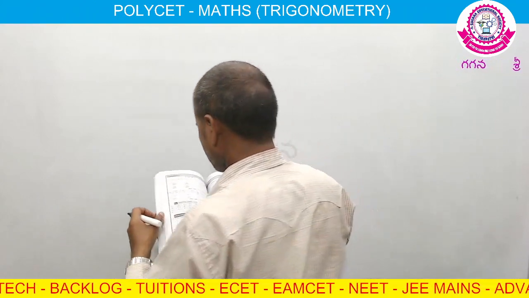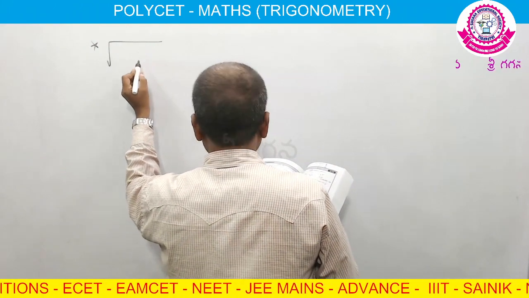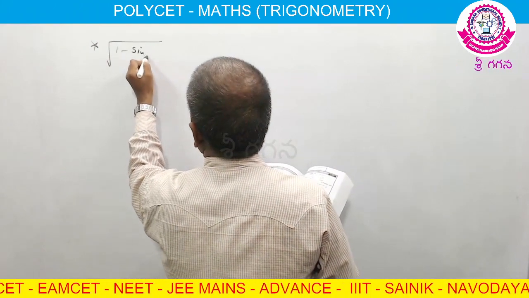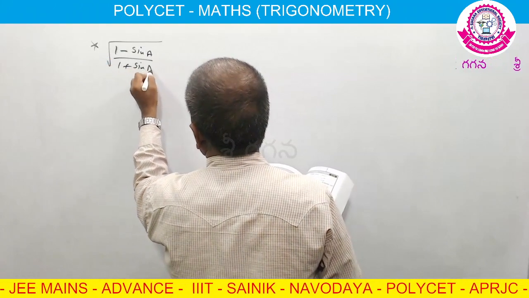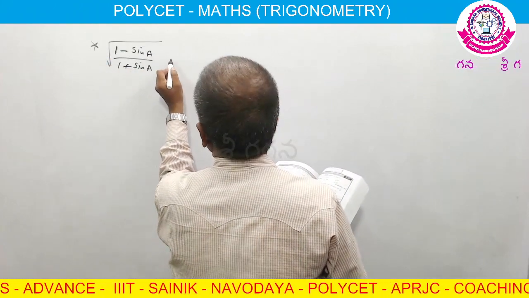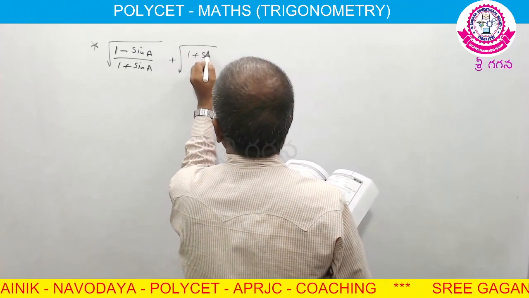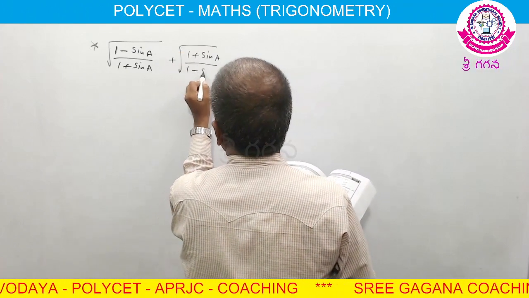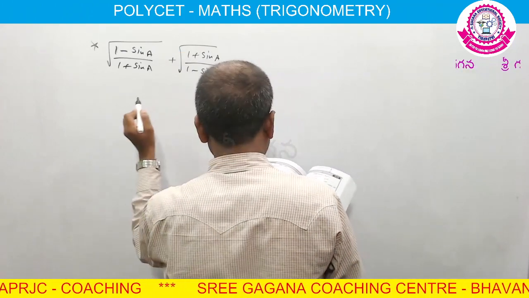Another problem. Root of (1 minus sin a)/(1 plus sin a) plus root of (1 plus sin a)/(1 minus sin a) equals dash.